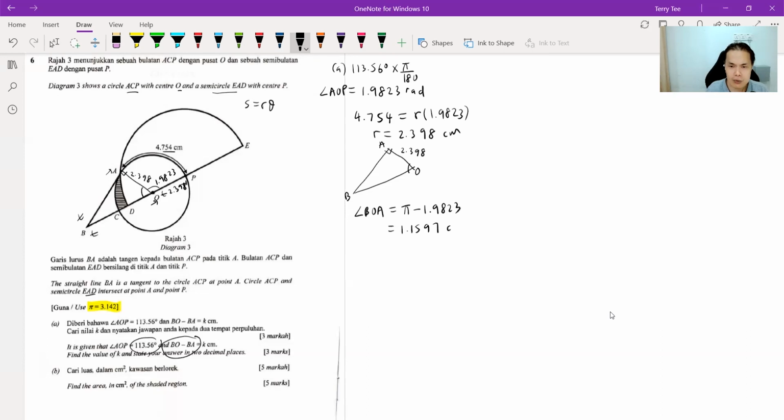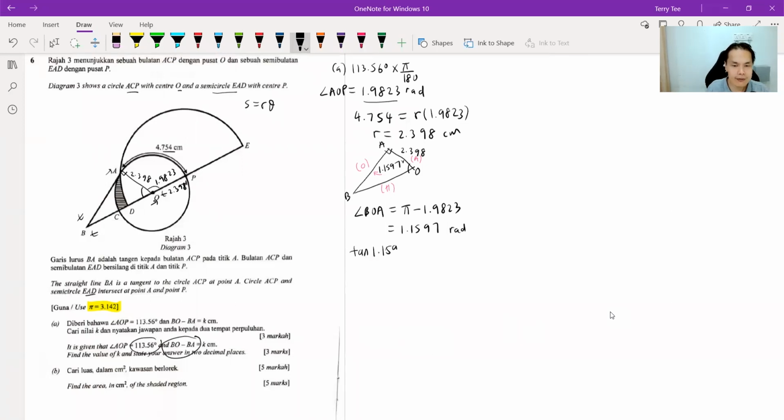Actually, you don't have to use such an accurate value. For example, if you use 1.982, it's good enough, just one more decimal point. Once you know this is 1.1597 in radian, we can use SOHCAHTOA to find the length of AB. For this angle, this is your opposite, this is your adjacent, which is 2.398, and BO is your hypotenuse. So I'm going to use tangent.